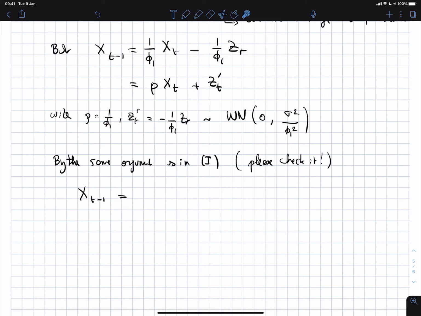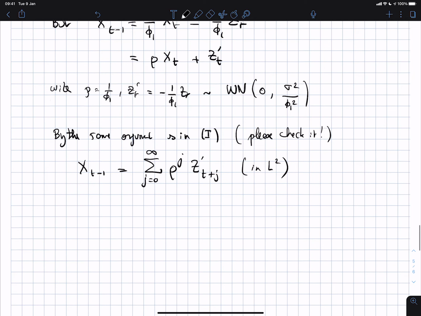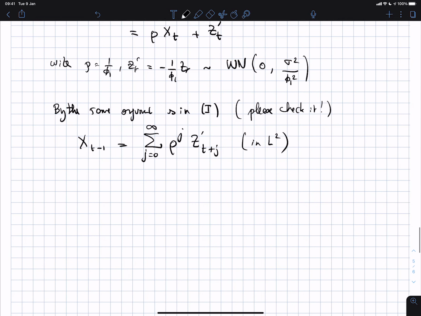And this solution is what? Well, xt minus 1 will be the sum of rho to the power j z prime t plus j, and this again is in L2, so it's the limit of the series in L2, and that's a nice stationary solution.